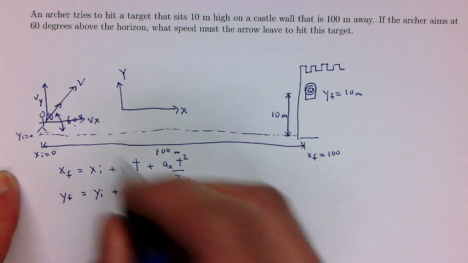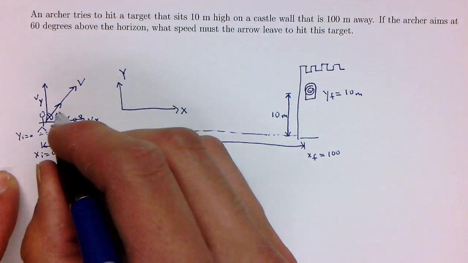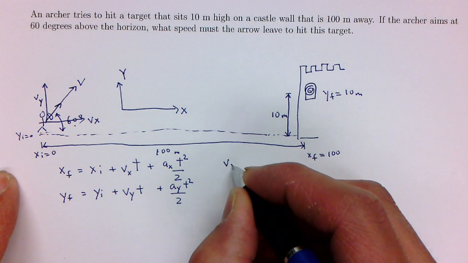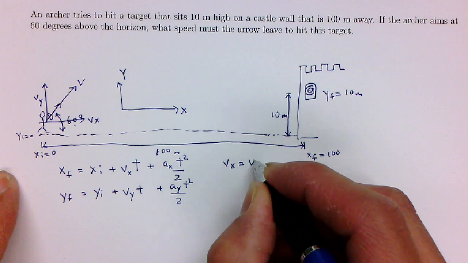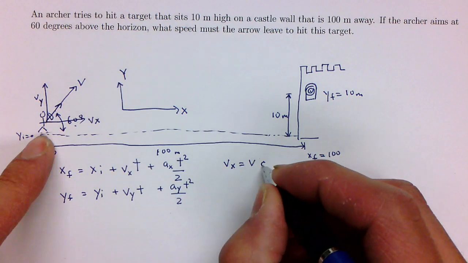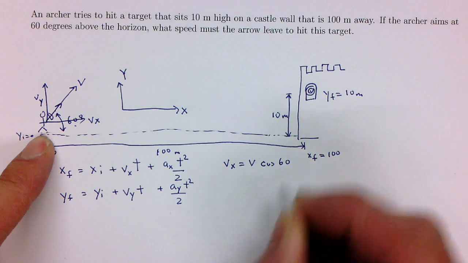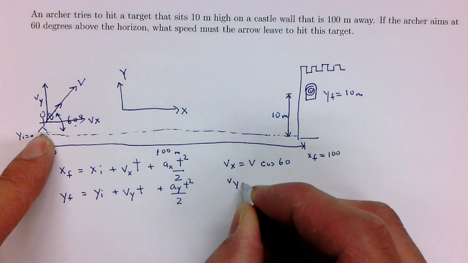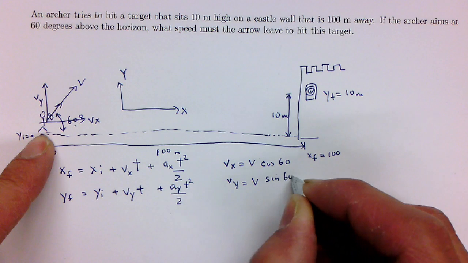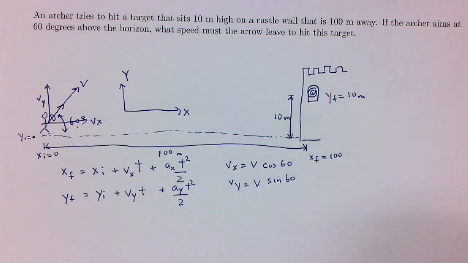Because of the angle, 60 degrees, we can write down that the velocity Vx is equal to V times the cosine of 60, and Vy is equal to V times the sine of 60.